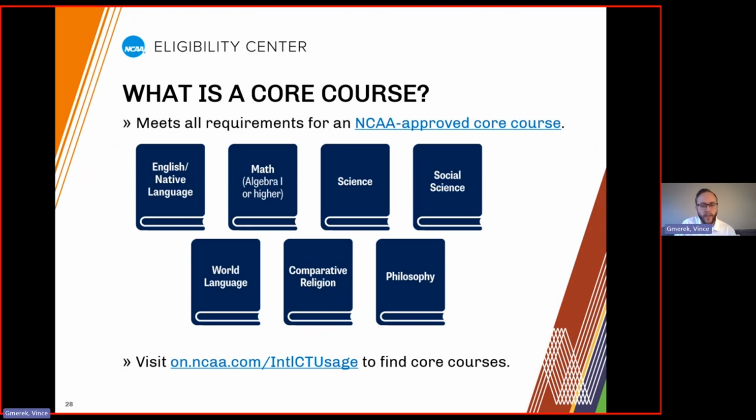Now you'll notice that we have an English requirement, but on this slide it also says English or native language. For our purposes, for international students, English courses receive English credit, and native language courses in your country receive English credit for our purposes. For that full list of what we consider to be a native language for each country, that is in our international guide.